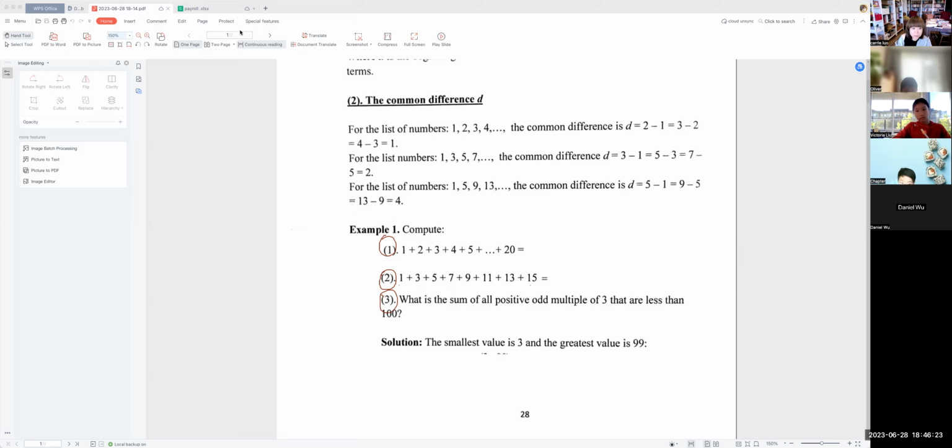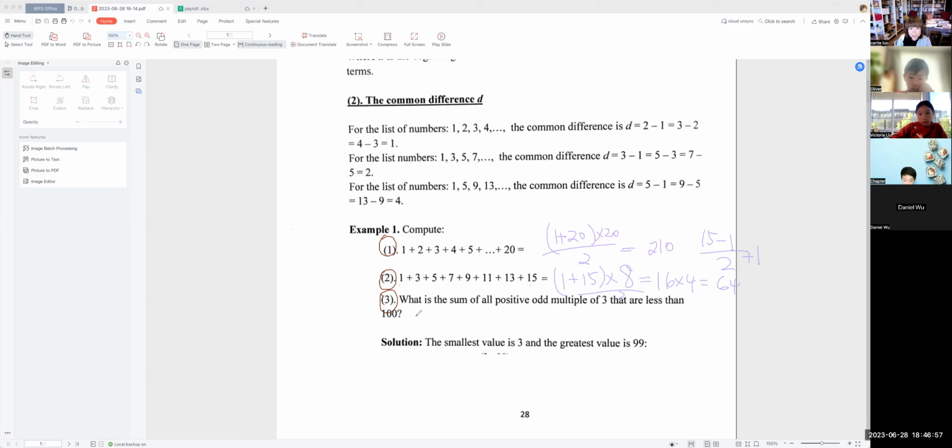Let's take a look. How do we do the first one? 1 plus 20, times 20, divided by 2, equals 210. The next one: 1 plus 15, times how many numbers are there? 15 minus 1, divided by 2, plus 1 equals 8. So 16 divided by 2 times 8... equals 16 times 4 equals 64.